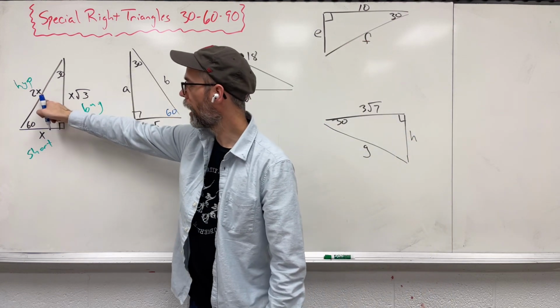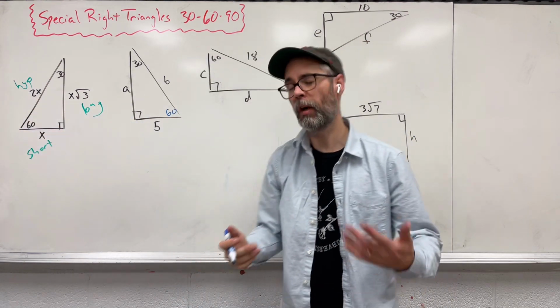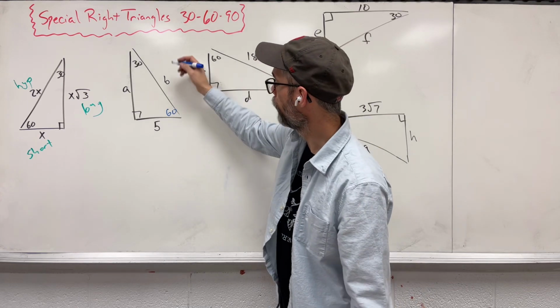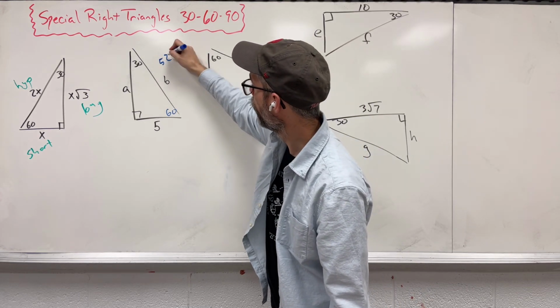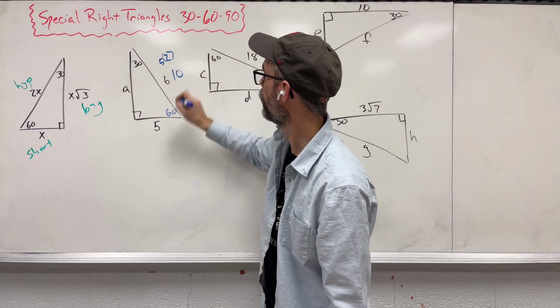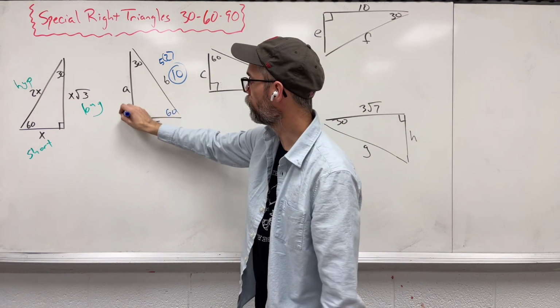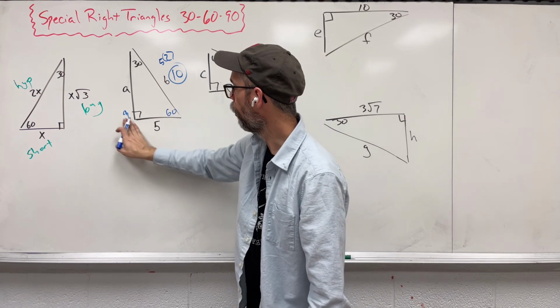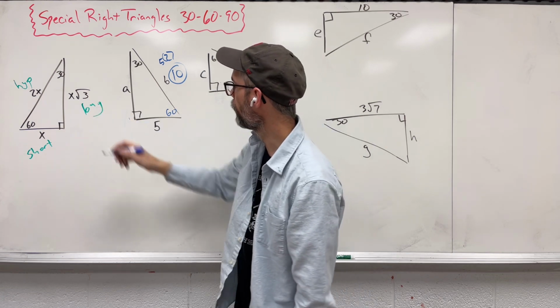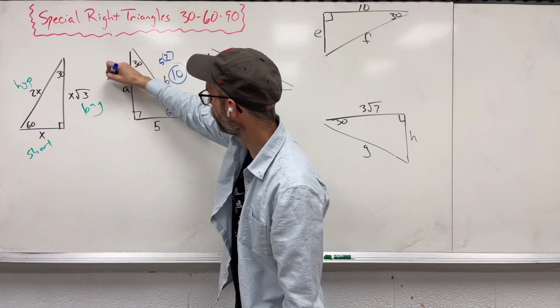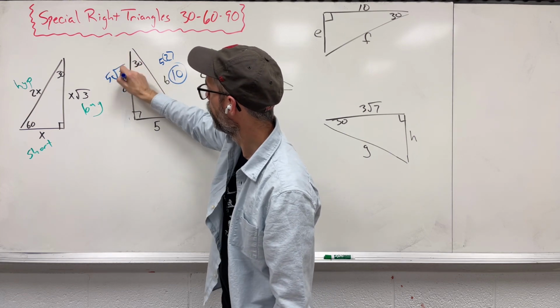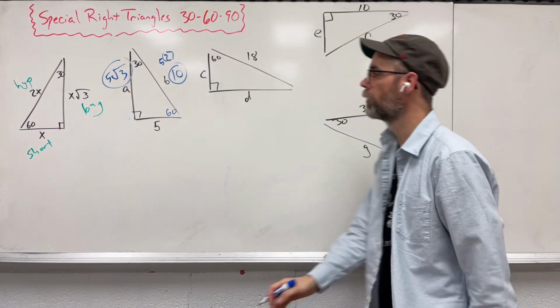So from short to hypotenuse, all I have to do is double that number, multiply it by 2. So 5 times 2 gives us 10. To get over to my long leg, all I have to do is multiply by radical 3. So 5 times radical 3, done.